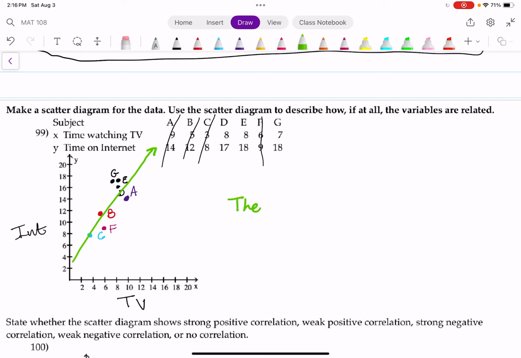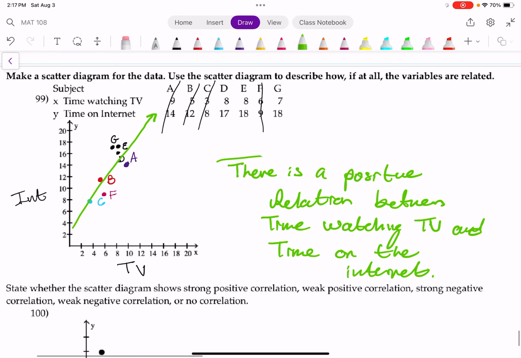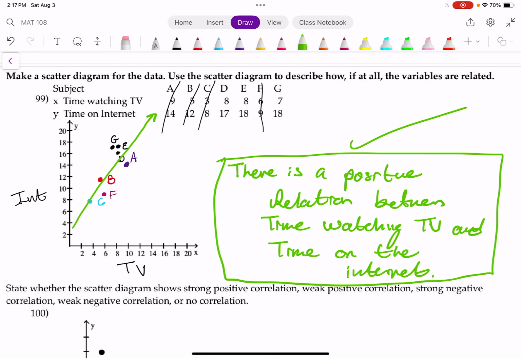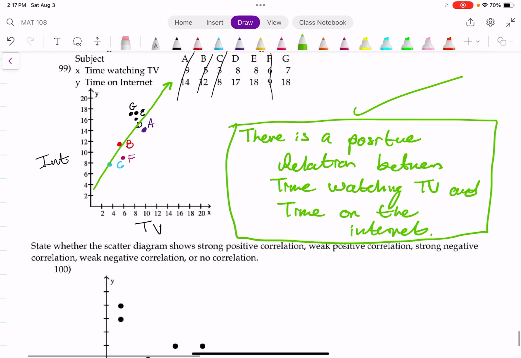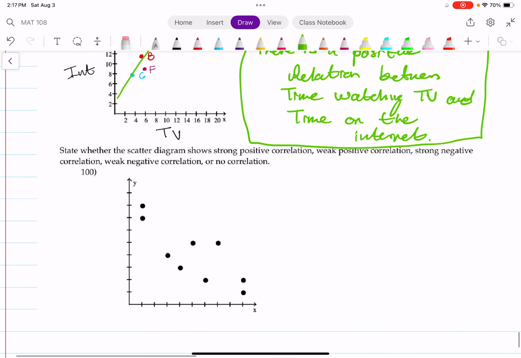So there is a positive relationship between time watching TV and time on the internet. And there you go. Maybe a moderate positive, could be a strong positive. Strong correlation, weak correlation.